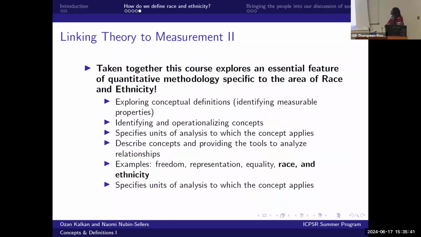There's another part of this that I'll just point out, thinking carefully about how we're identifying and operationalizing concepts. Race ethnicity is not new, especially if you come from sociology or one of the fields who have thought critically about race for a very long time.